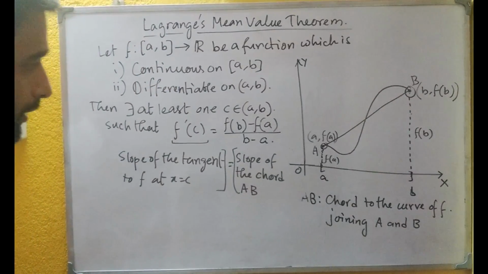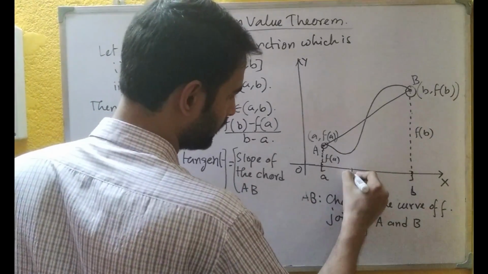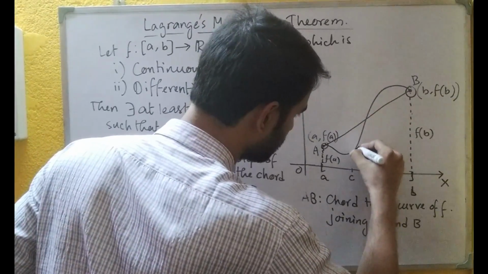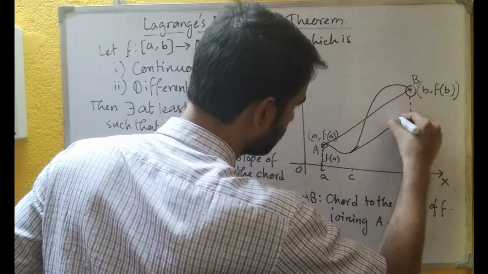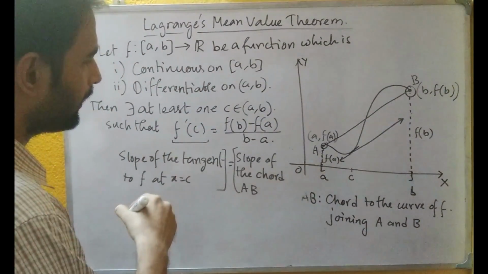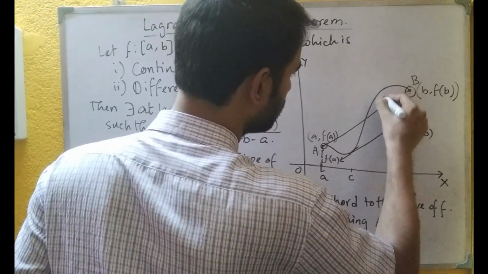That means you will surely get a point c within the open interval AB where the tangent is parallel to the chord, and not only one point, you can get more than one point also.